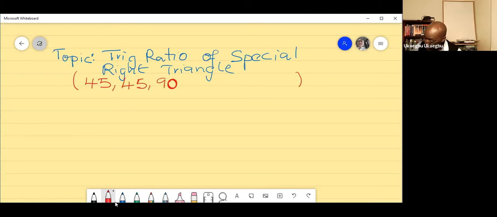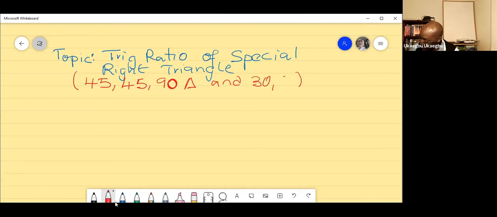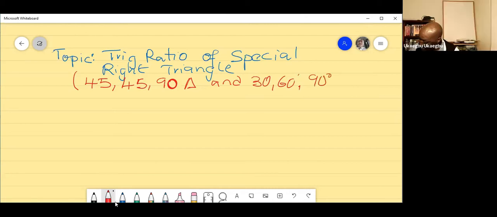And what else did you say? 30, 60, 90 triangle. That's another great way of saying it. These are all in degrees. So these are special right triangles. Very soon you will discover why they are special.